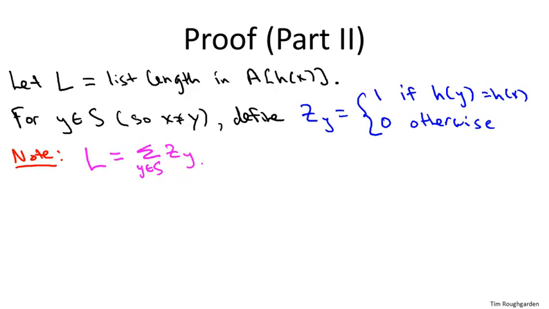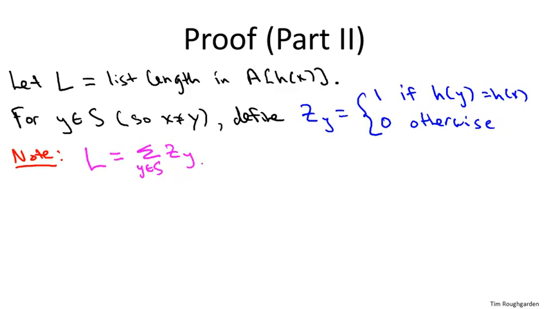So if you choose some hash function that maps this IP address x to, say, bucket number 17, capital L is just counting how many other objects in the hash table wound up getting mapped to bucket number 17. So maybe 10 different objects got mapped to bucket number 17. Those are exactly the 10 different values of y that will have their Z sub Y equal to 1. So L is just counting the number of objects in the data set S that collide with X.